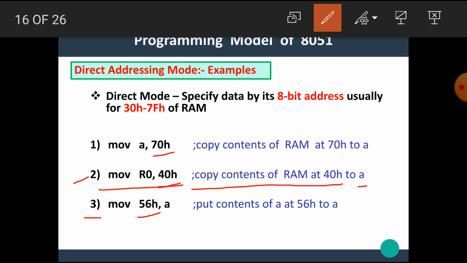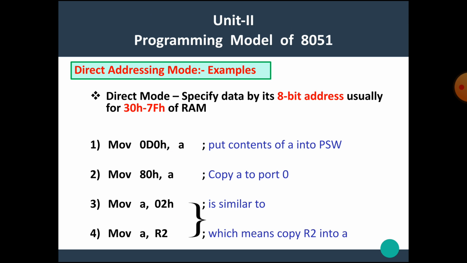The next instruction is MOV 56H, A. That means put the contents of A at the 56H RAM location. That means move the content of the accumulator to the 56H location of the RAM memory. I hope you all understand the difference.